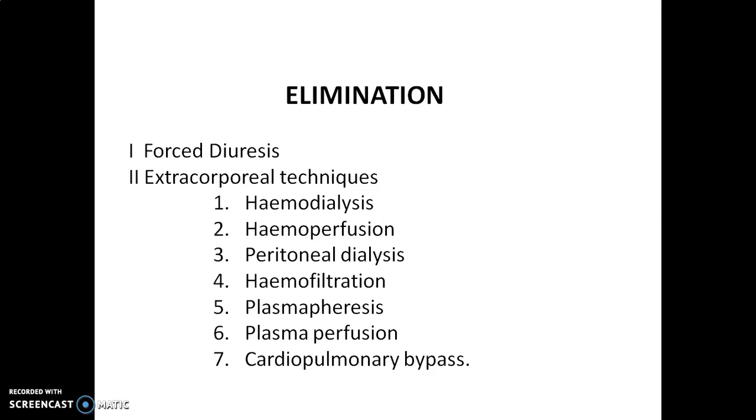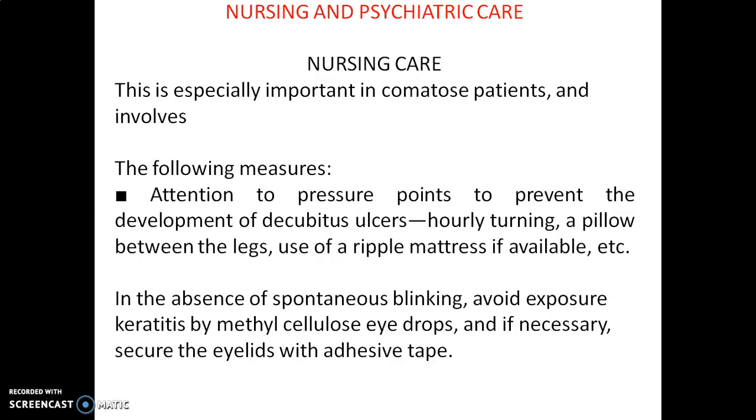Along with this, it is essential to take care of the patient by giving nursing as well as psychiatric care. So let us see where this nursing care is essential. Nursing care is essential with the comatose patient.